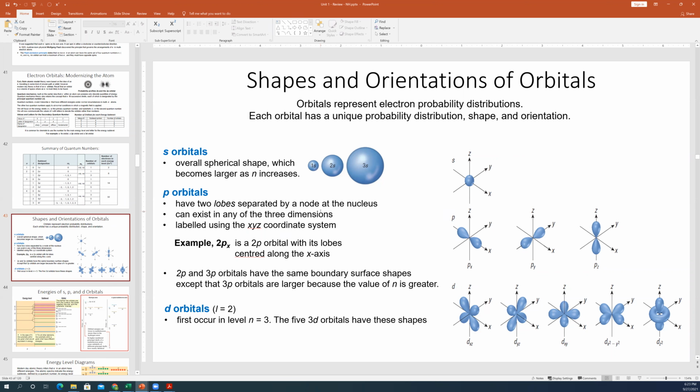Okay. And then p orbitals, again, these sublevels aren't just spherical shells at a fixed radius from the nucleus. P orbitals have a lobed shape, almost like a dumbbell, with a node at the nucleus.